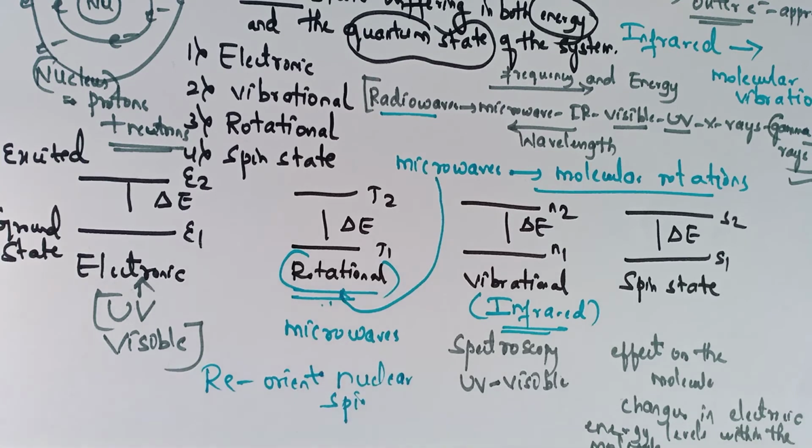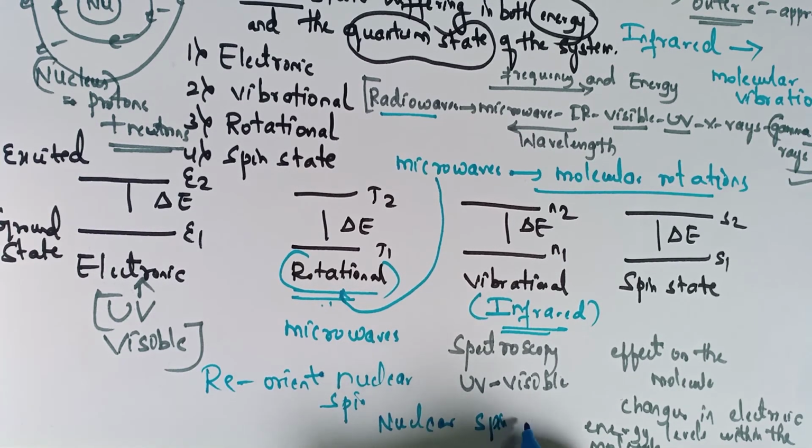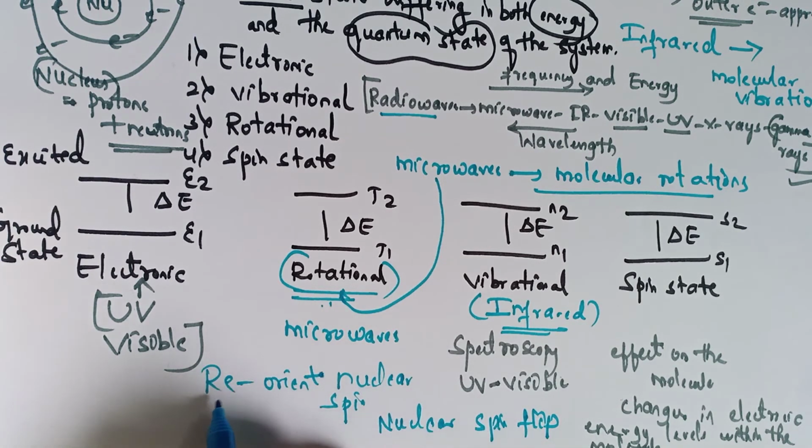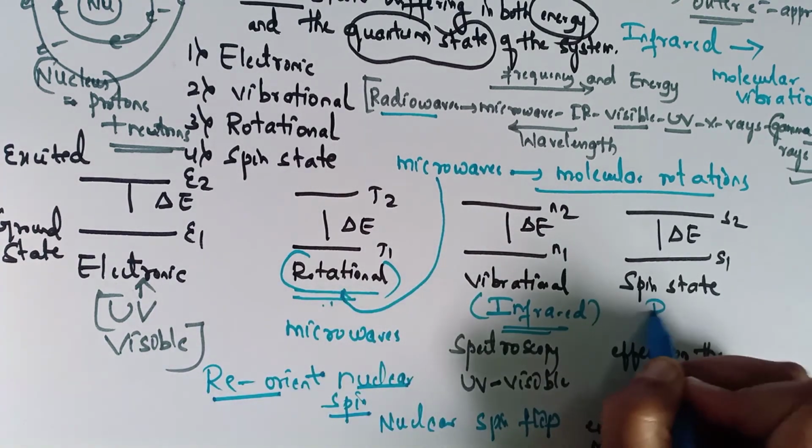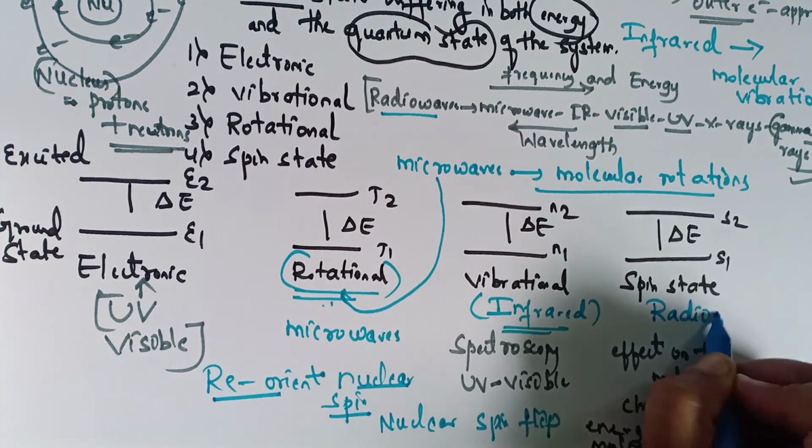That means they can cause nuclear spin flip. This phenomenon forms the basis of nuclear magnetic resonance. I have said that the effect on the molecule is reorienting nuclear spin. So spin state, that is radio waves.